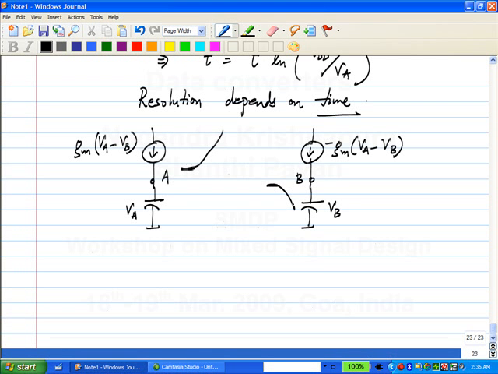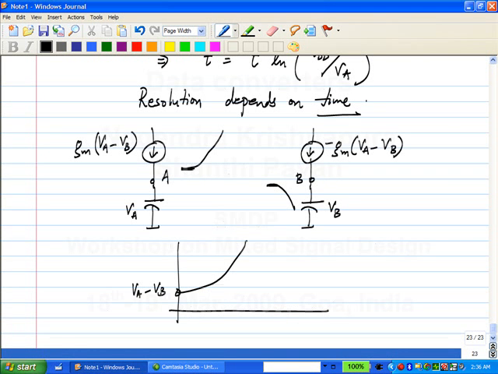You understand? So in other words, like what we did last time, if we plotted VA minus VB as a function of time, if VA minus VB was positive, what will happen to VA minus VB as a function of time? It will increase exponentially until VA becomes plus VDD and VB becomes minus VDD.